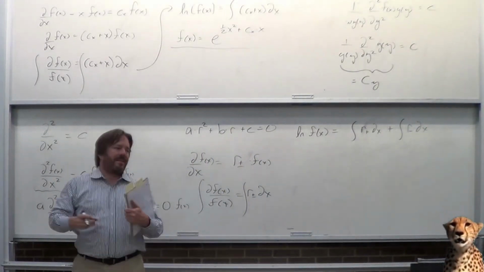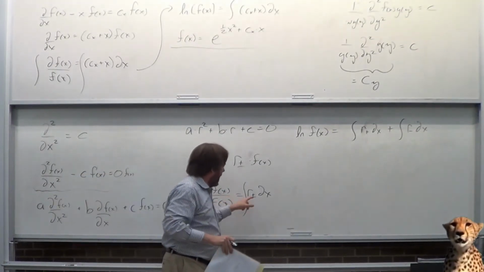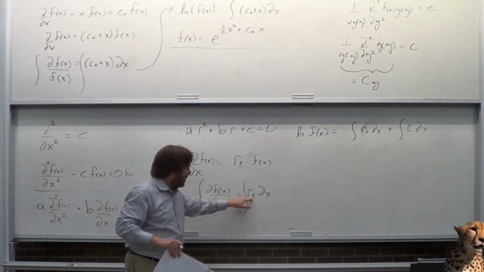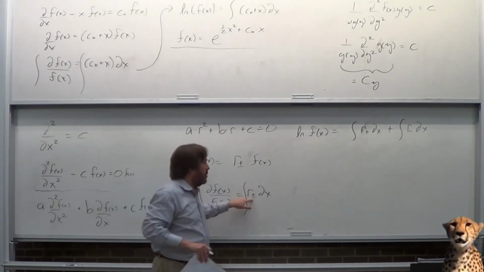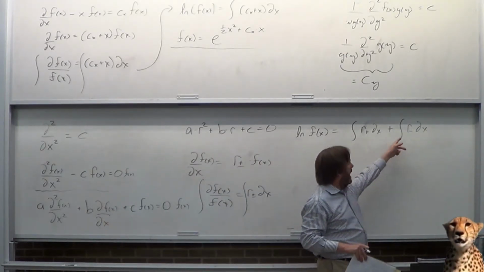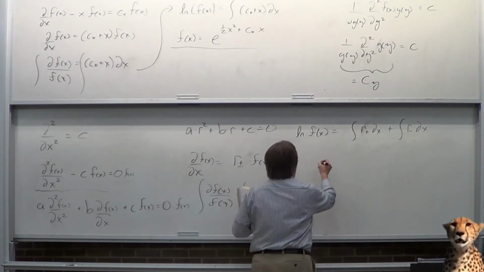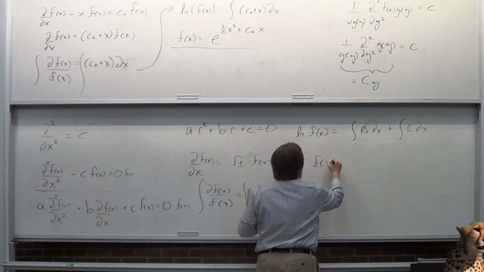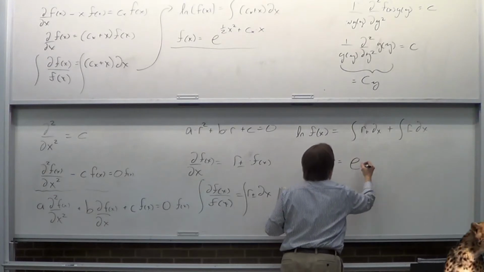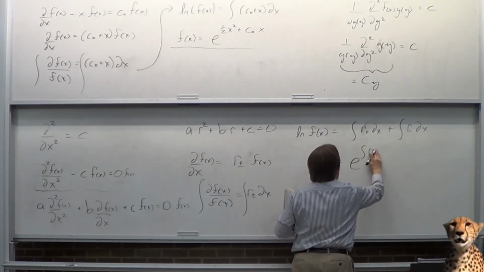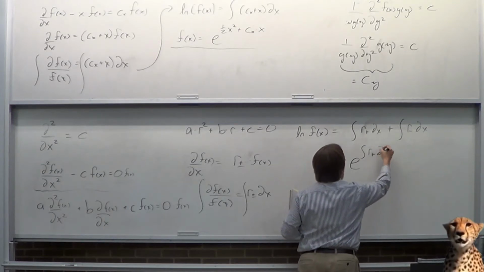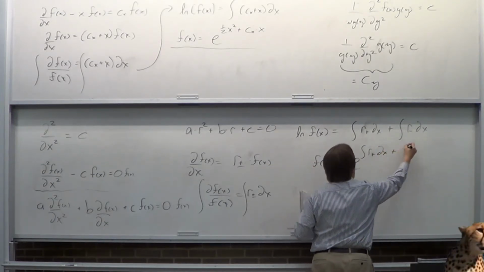You can turn it into a very easy first order differential equation as long as you accept that you only have two roots here, and the answer ends up being a linear combination. So the answer is e to the integral of these things, which is really not that bad.